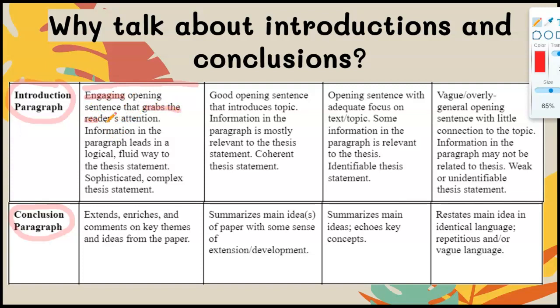You also need to make sure that any information logically and fluidly moves to the thesis. So it's not something that's off topic. Like I can write anything that grabs your attention, like, oh my God, look behind you, or I have six fingers on one hand.